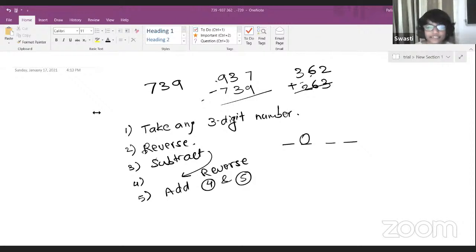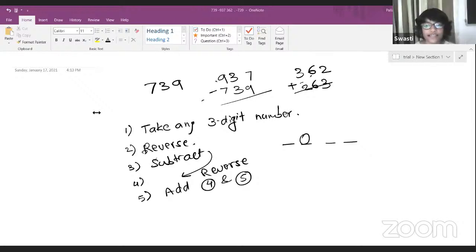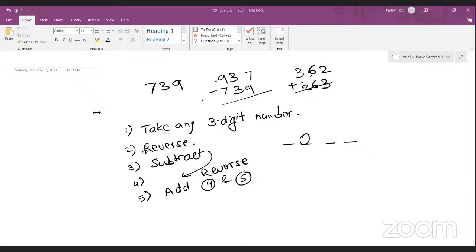Am I right? Is that correct, Avnish? Then can you please check your answer again? Oh, Jayashree is saying yes. Wow. Let's see. Divij.